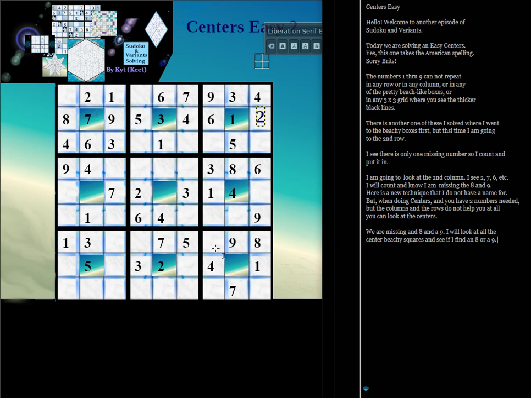7, 3, 1, blank, blank, 4, blank, 2, 5. Alas, sorry, no 8 or a 9. But if it did have an 8 but not a 9, then I would know that this box would take the 9.